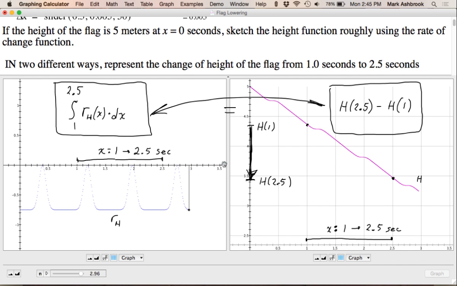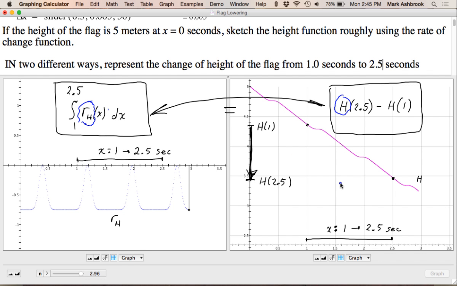Okay, so then the last thing we have to know is what is the relationship of this r sub h function and the h function? What is the relationship between r sub h and h? H is the antiderivative of r sub h.